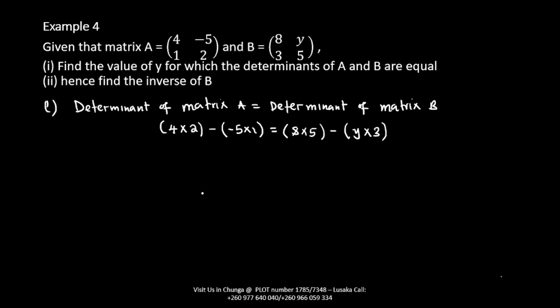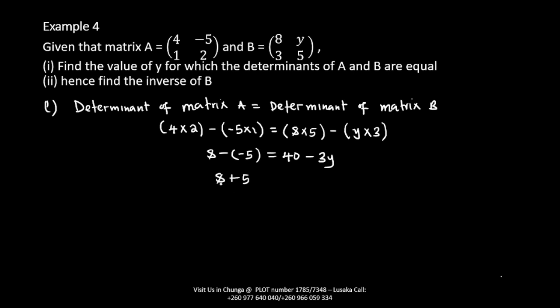So if you look at that, 4 multiplied by 2, our answer is equal to 8, minus -5 multiplied by 1, that is -5, being equal to 4 multiplied by 5, that's 40, minus Y multiplied by 3, that will be 3Y. So negative multiplied by negative, we're going to have 8 plus 5.